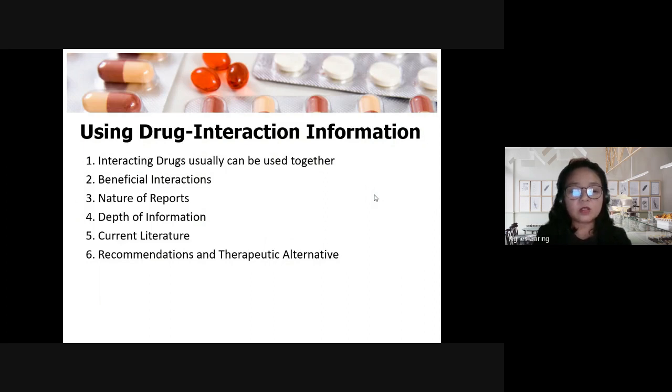So again, on Thursday class, we will have a pre-test regarding this. So you need to read the whole chapter. So I will just check kung sino yung mga nagbabasa talaga. Okay? So, I think 10 or 11 pages yung Remington chapter on therapeutic incompatibilities or drug interactions.